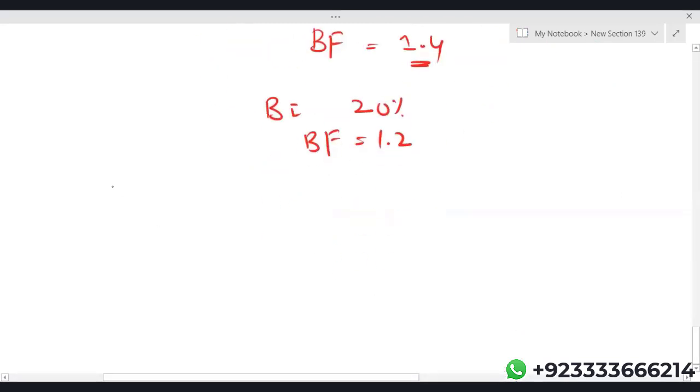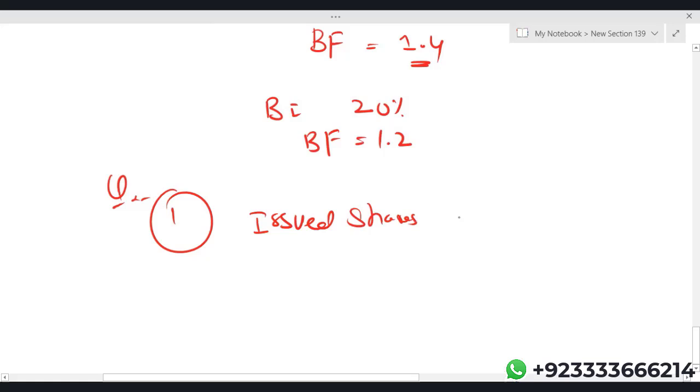For example, issued shares 200,000 on 1/1/24.